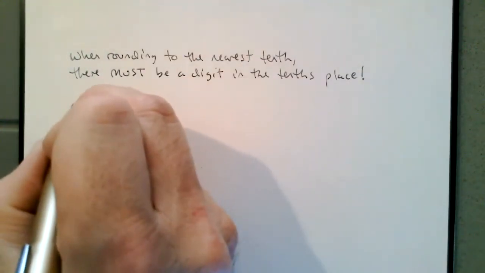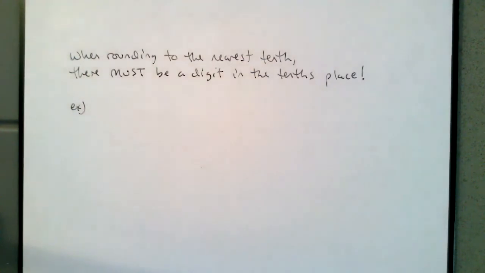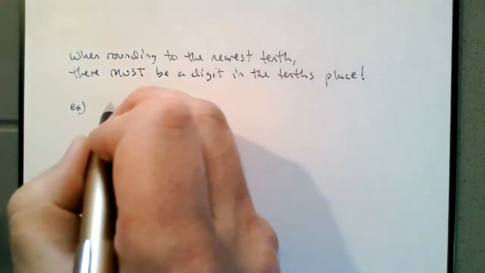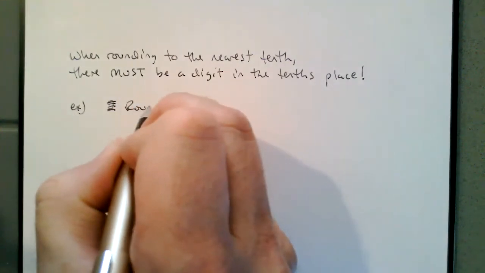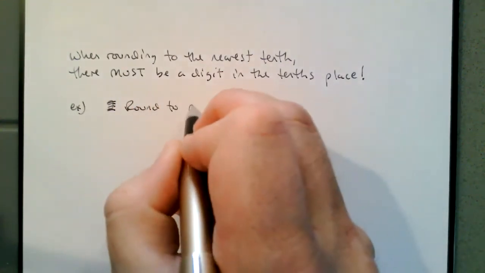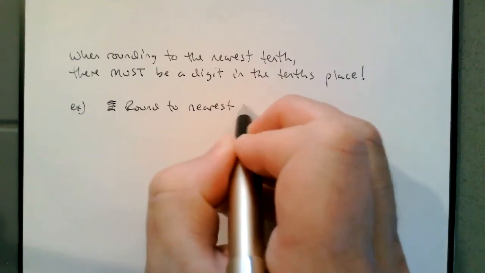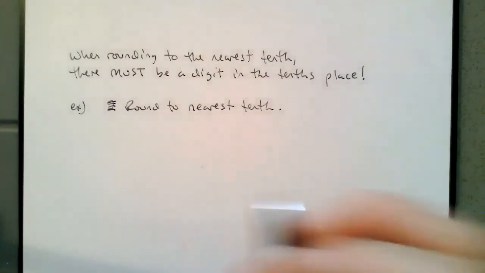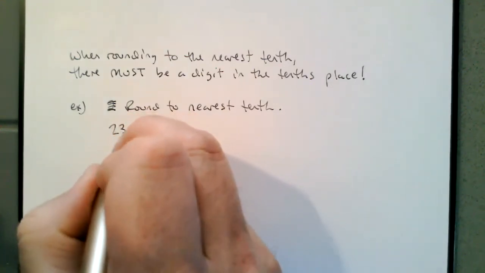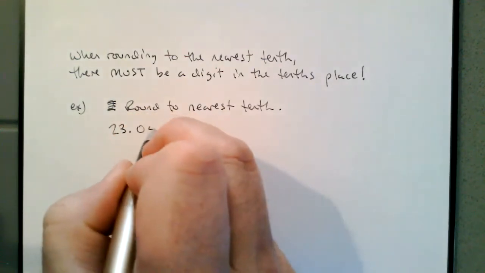So for example, if I have a number 23, round to the nearest tenth. Say I have the number 23.04.